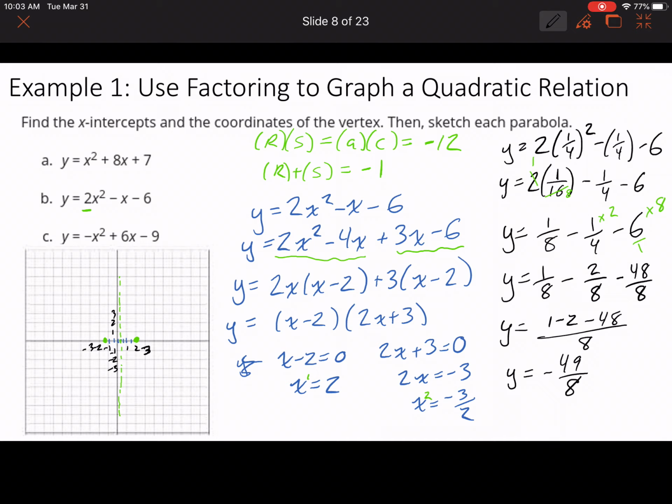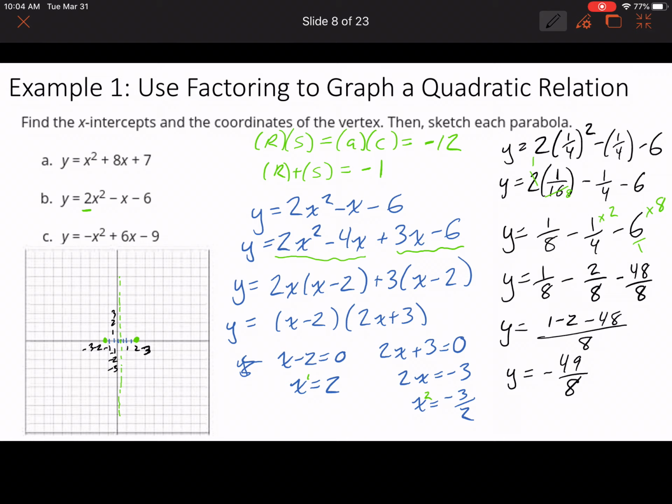They did give you a very complicated one. Negative 49 over 8 is just below negative 6. If we did that division, 48 divided by 8 is 6, so we're just below negative 6.